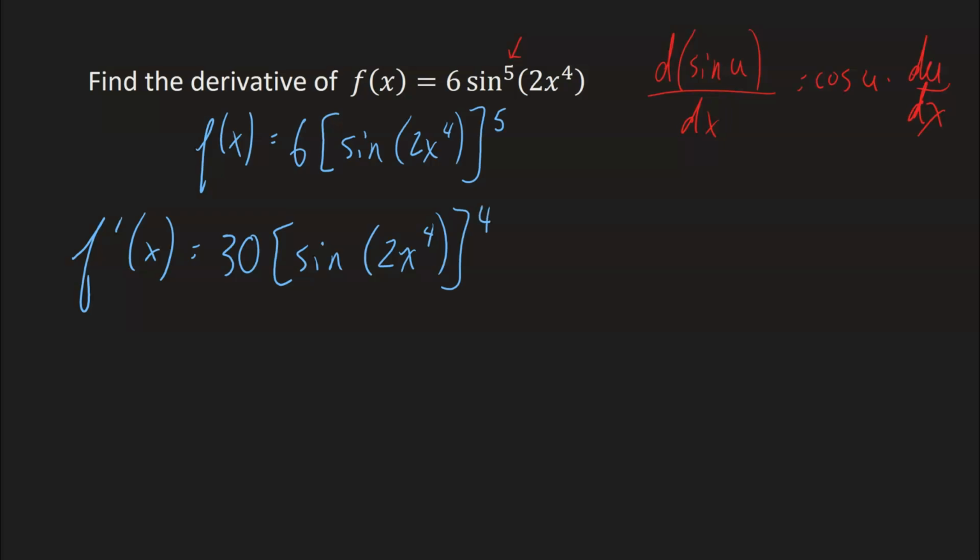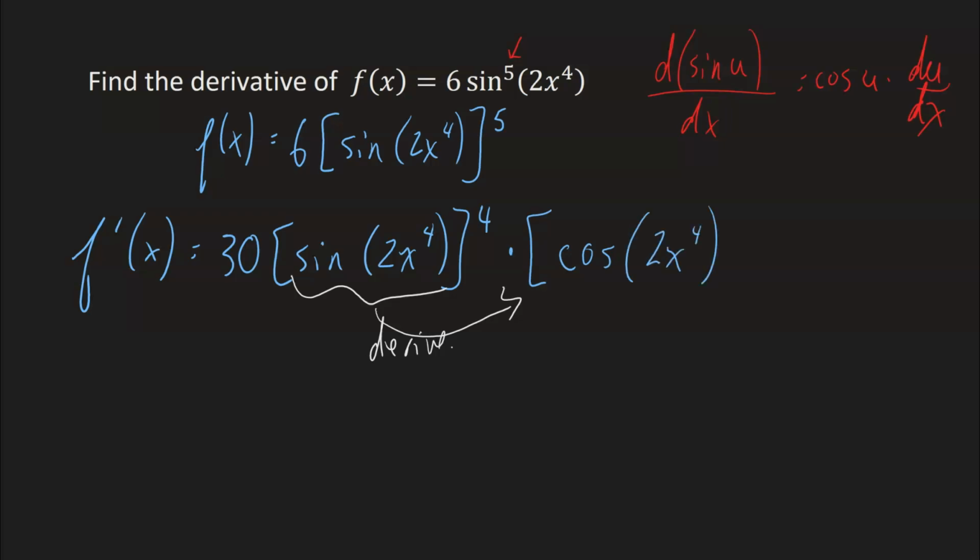Now, because inside the bracket is not just an x, we need the derivative of what's inside the bracket, right? We're going to go out here and do its derivative. The derivative of sine 2x to the 4 is cos 2x to the 4 times the derivative of 2x to the 4, which is 8x cubed.